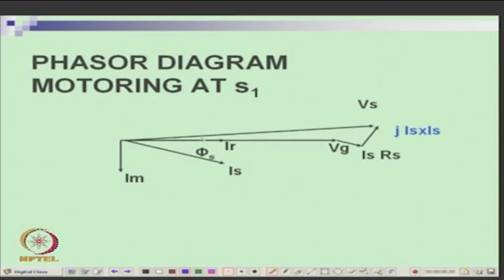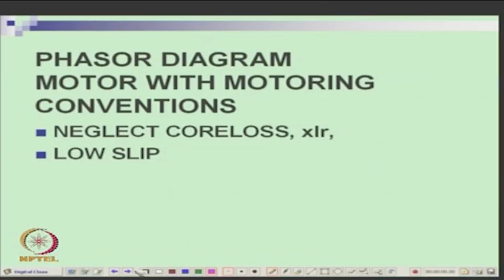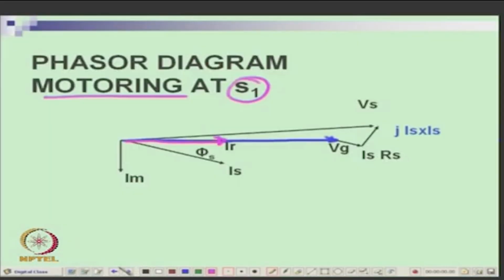So, what we have done is we have drawn Vg and the current IR, this is the motoring at a positive slip, right.